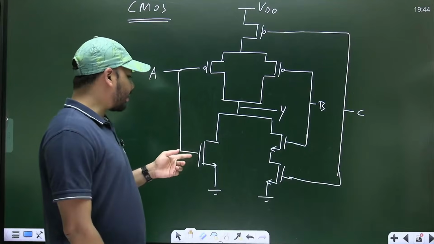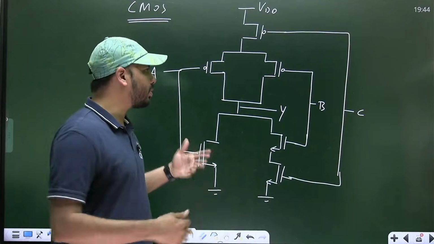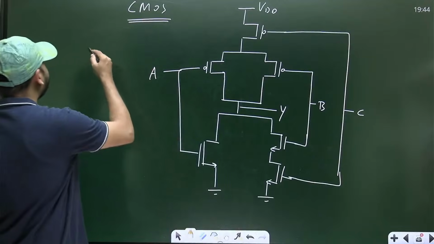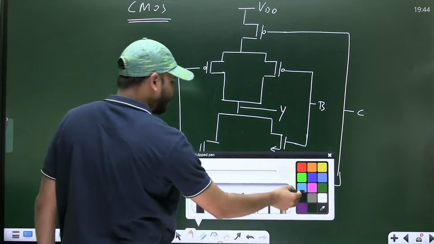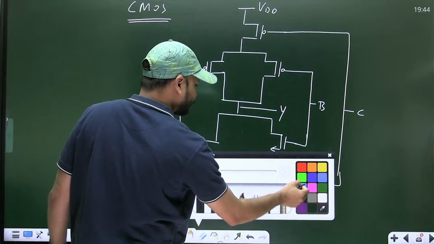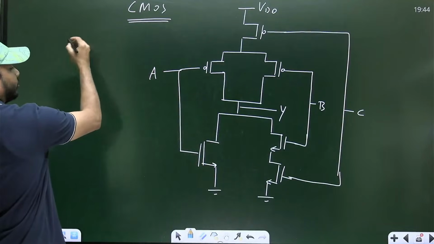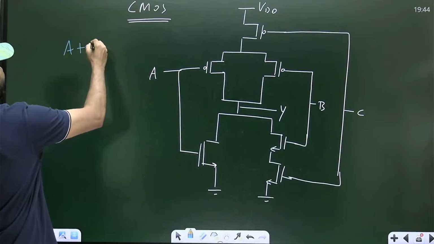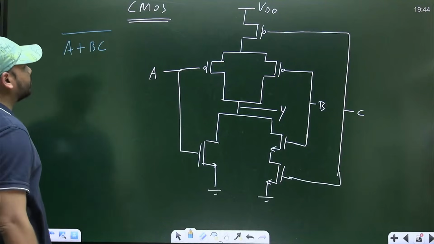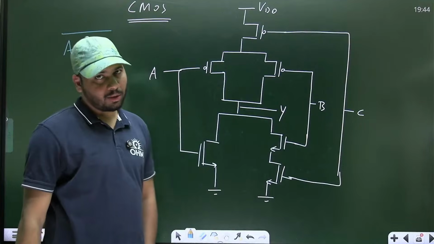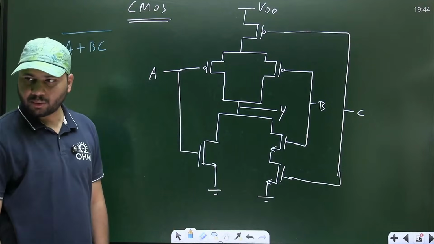And then A is in parallel with this. So you might be tempted to write A plus BC whole bar. This is what you would be tempted to write.